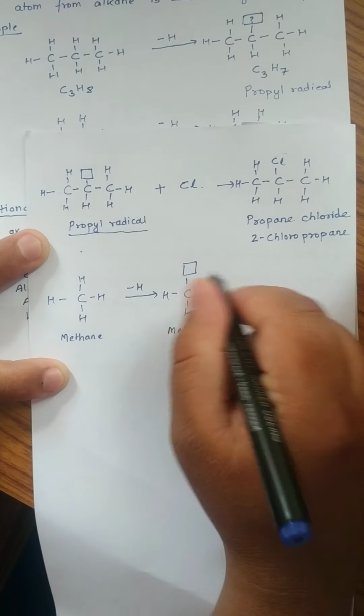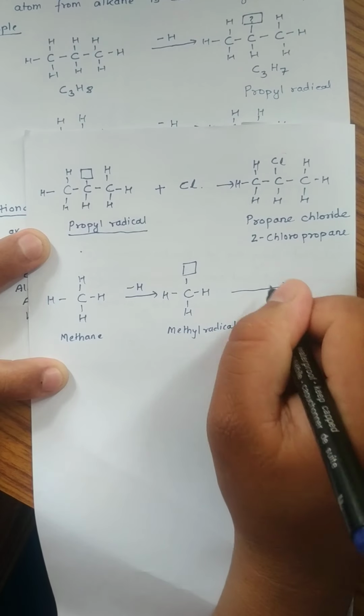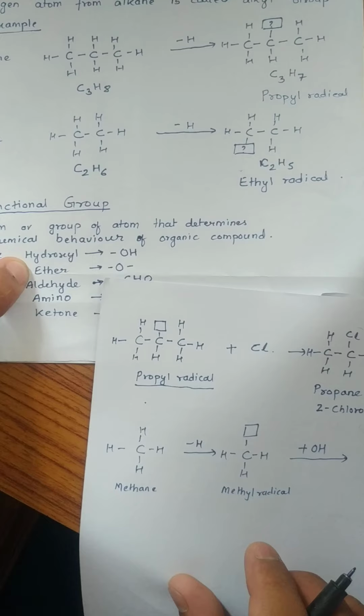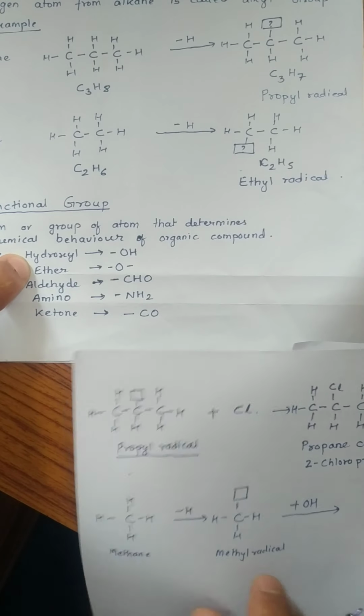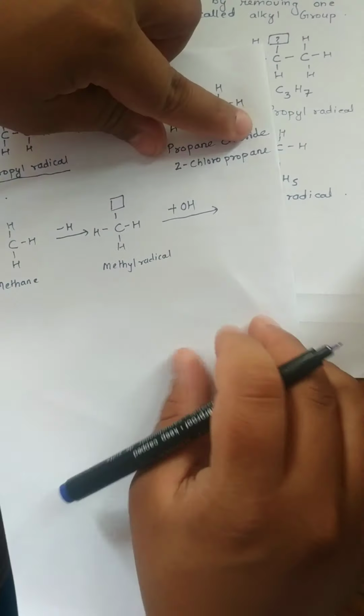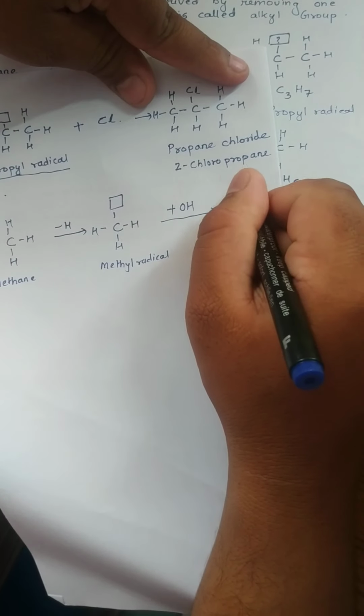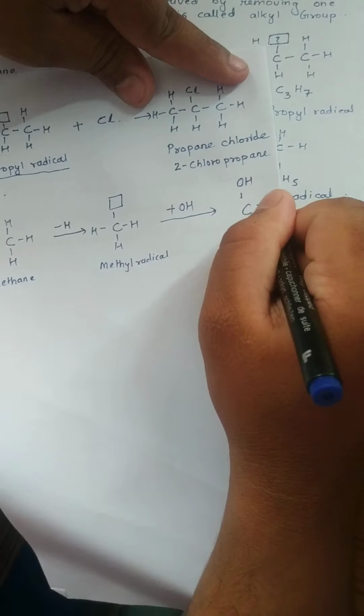And in this empty position, a functional group OH, that is the hydroxyl group, is added like this. Look at this. See, in this empty place, OH will get added.